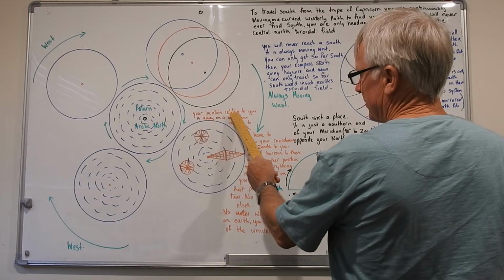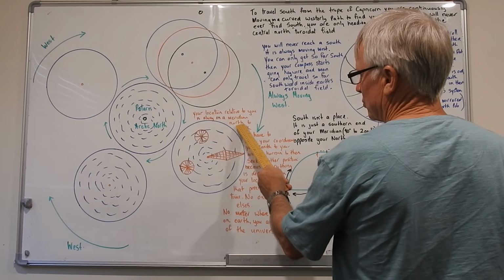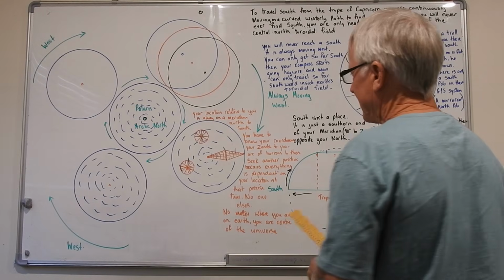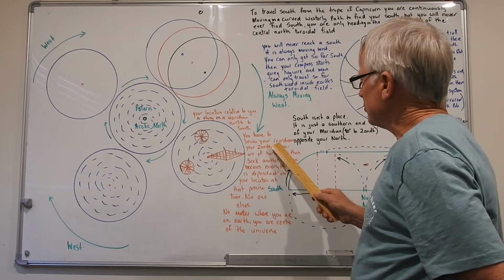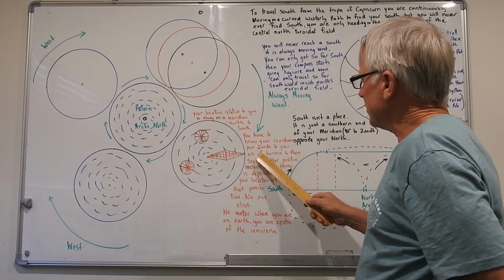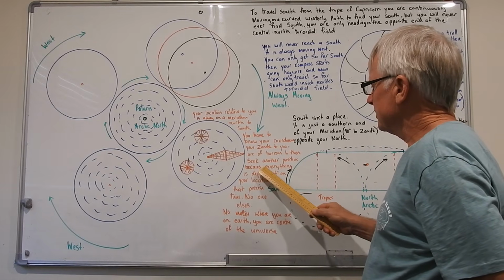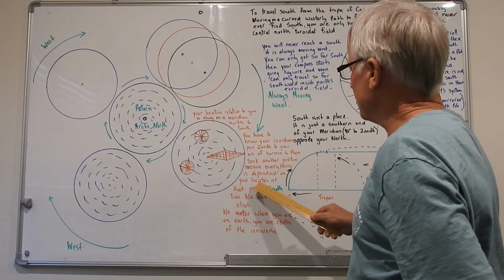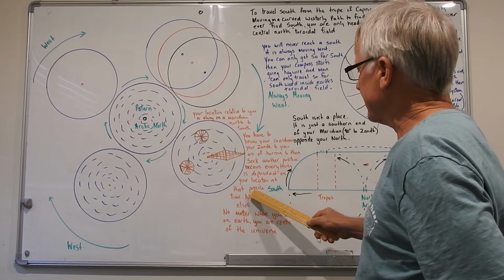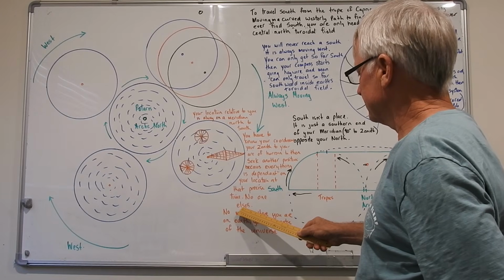Your location relative to you is always on a meridian, north to south. You have to know your coordinate, your zenith, to your arc of horizon to then seek another position, because everything is dependent on your location at that precise time. No one else's.